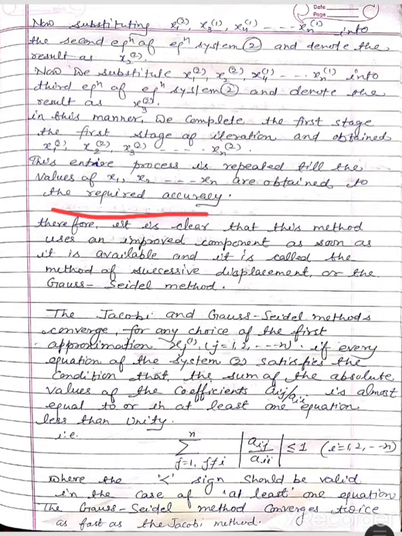So it is clear that this method uses an improved component as soon as it is available, and it is called the method of successive displacement. This method is called the method of successive displacement or the Gauss-Seidel method. So this is the Gauss-Seidel method.